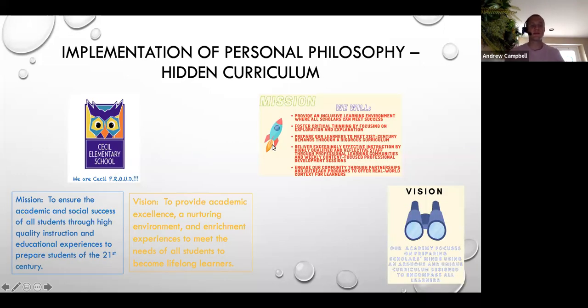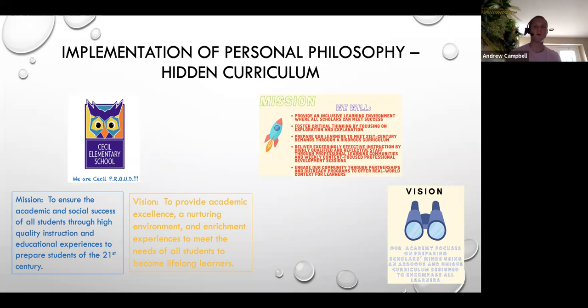As a specific example, I have included my school over here on the left, Cecil Elementary, and I have included our school's mission and vision. I'm not going to read the mission and vision, but as you can see on the right side, one of the activities we were tasked with was creating our own idea of mission and vision for a school.